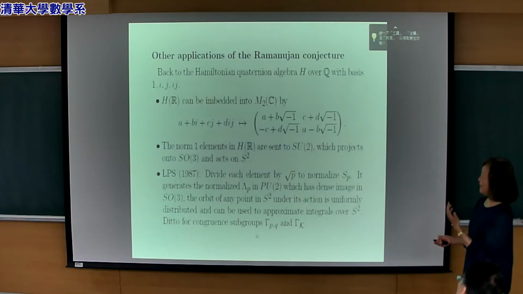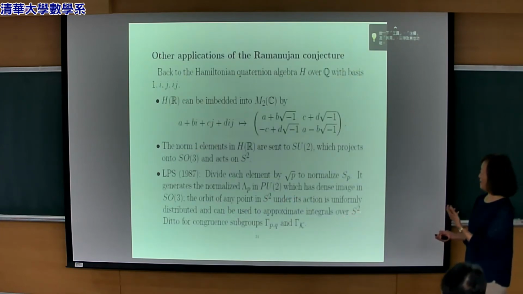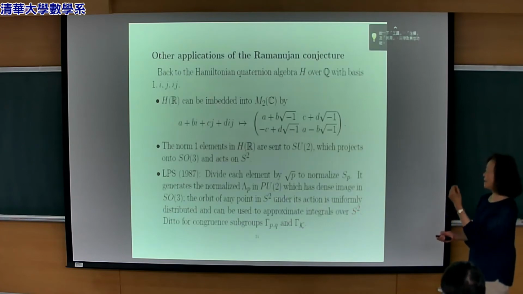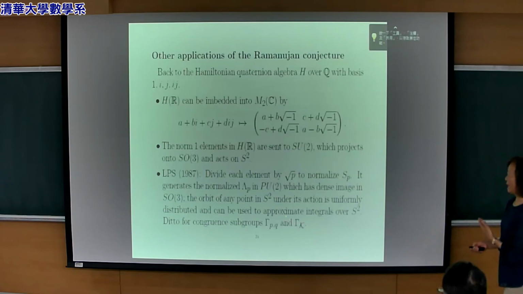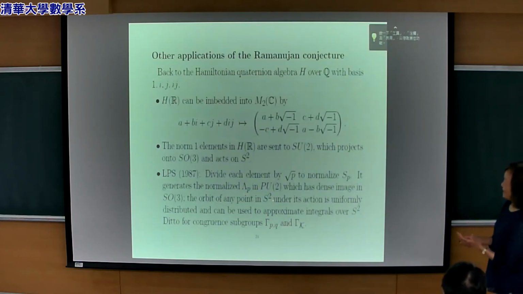So this fact can be used to approximate integrals on the sphere, since you can just estimate them on the images of lambda P. Likewise, all the lattices and discrete subgroups we have chosen can also be normalized, and they have the same property: they are all uniformly distributed.